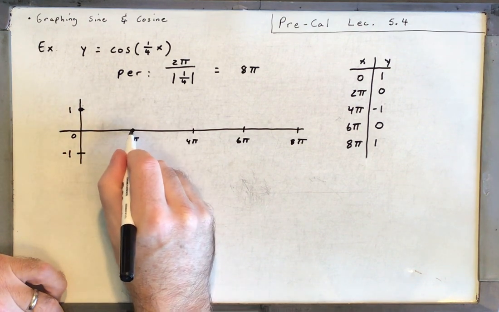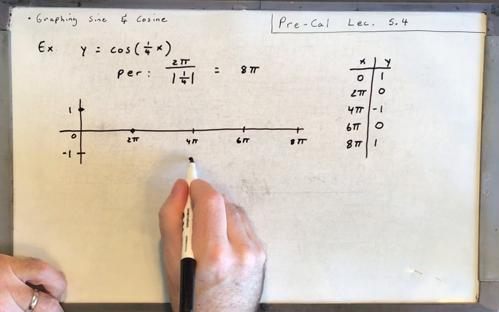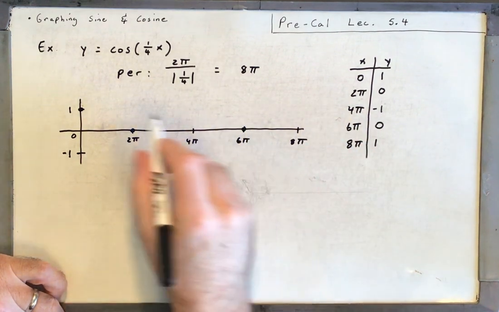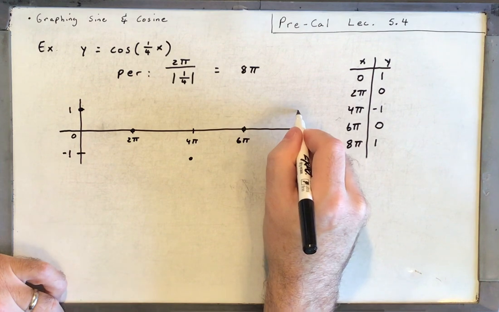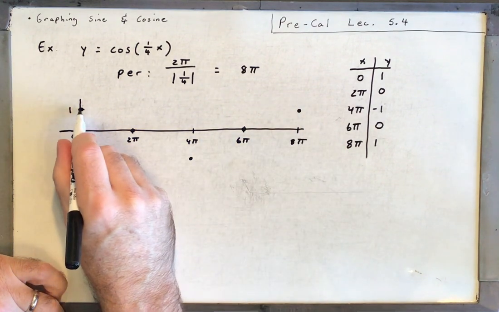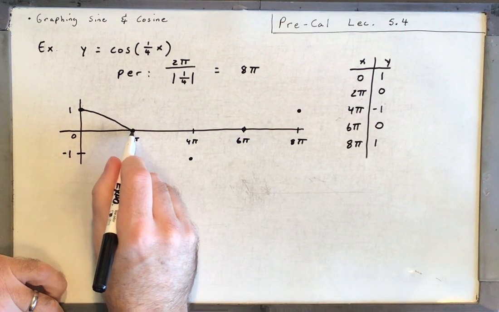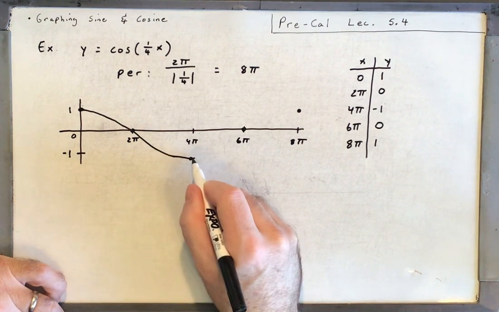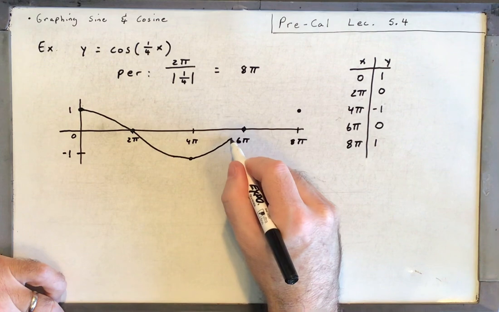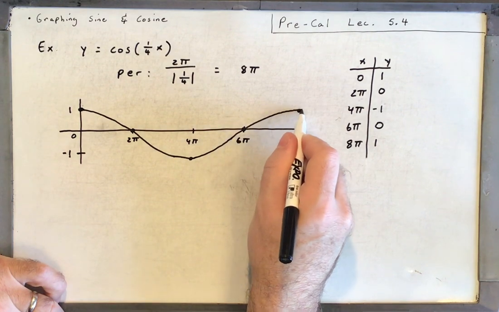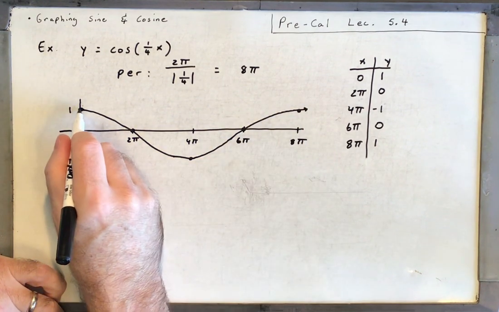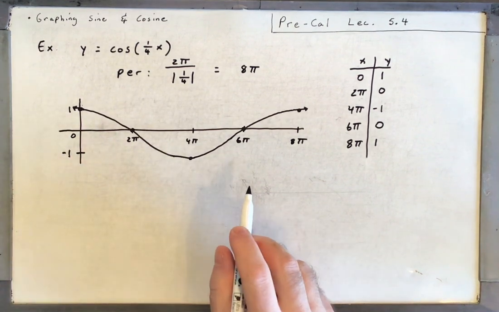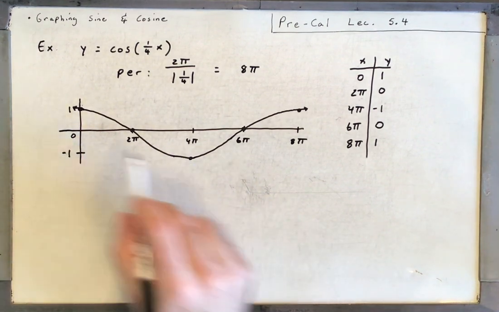We have a 0 at 2 pi, -1 at 4 pi, 0 at 6 pi, and a 1 at 8 pi. So we've got this graph that kind of looks like a bird when you were in elementary school and you were drawing those pictures, right, that had birds in them, like a lemon yellow sun. Some clouds and some birds. Looks kind of like that.